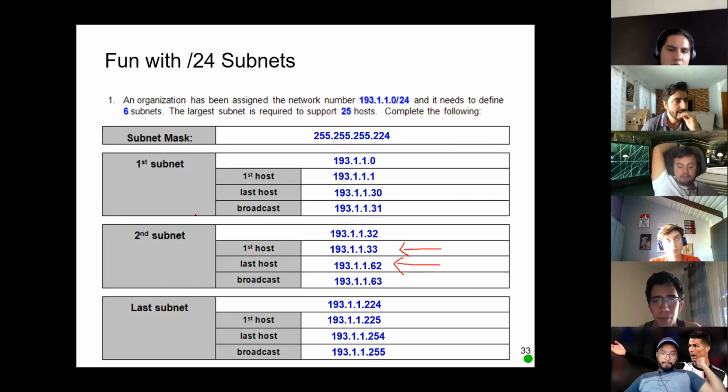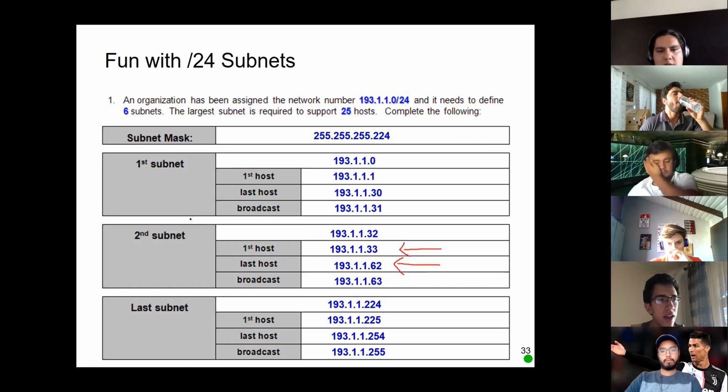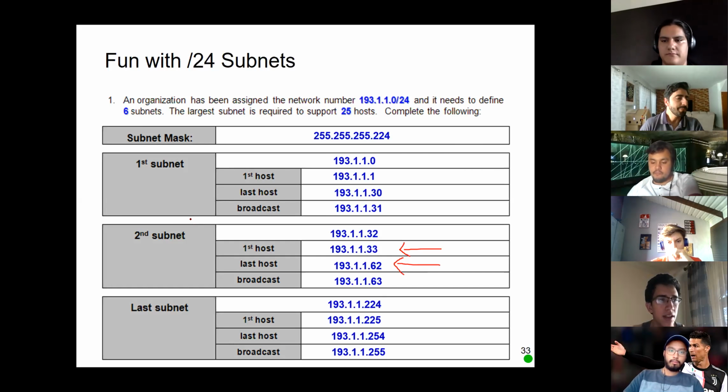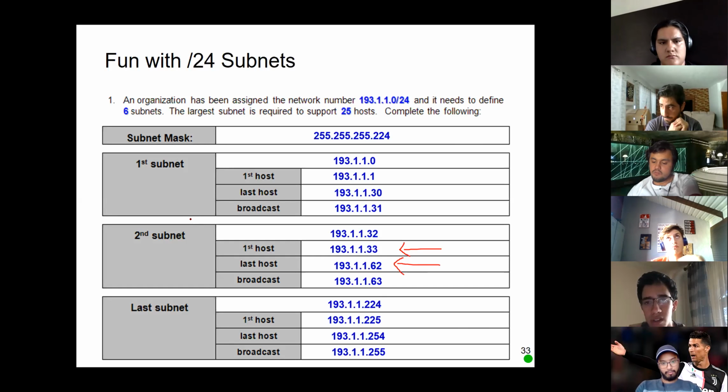I have one. Okay. When you send a packet through the network and it arrives at the organization, it has to arrive first at the general IP of the organization, right? And then it goes to a subnet. In this example, it says the general IP address is 193.1.1.0.